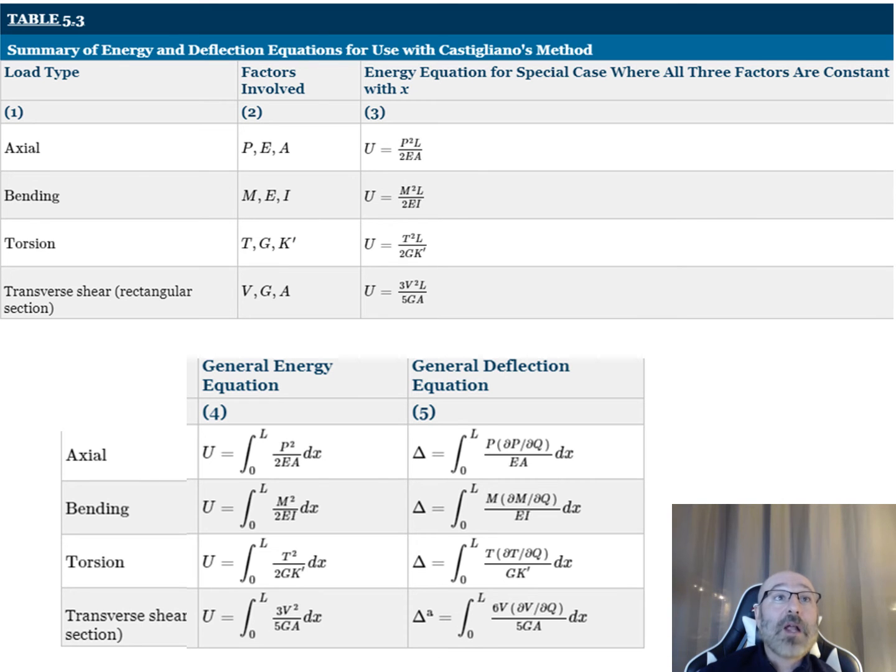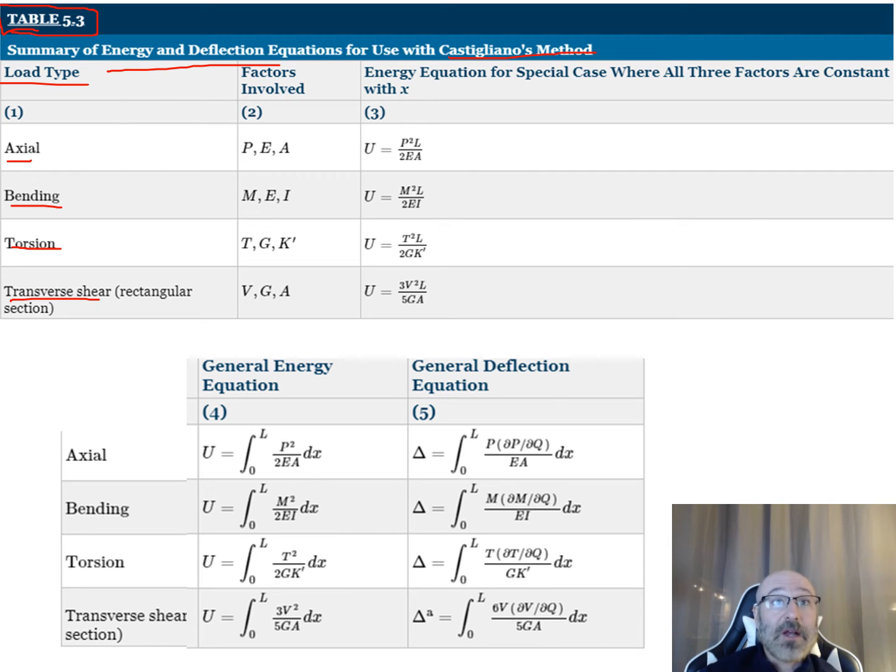Now I want to move on and take a look at table 5.3, which relates back to all of this as we're talking about our strain energy. This is a summary of energy and deflection equations for use with Castigliano's method. We can take a look at each of the different load types we just discussed: there's our axial, bending, torsional, and transverse shear.